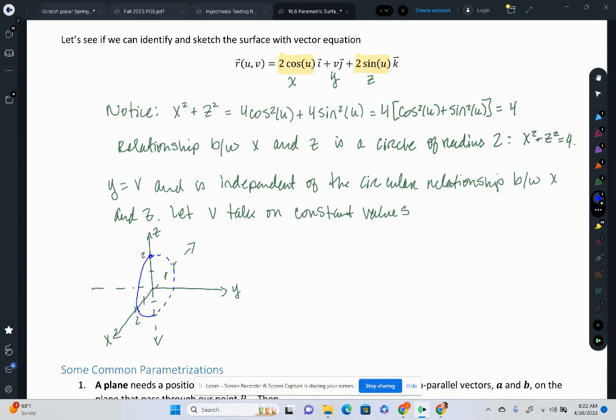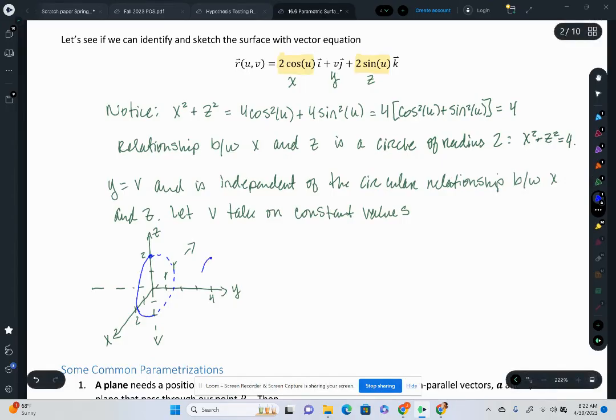They're completely independent of each other. And so I could pick some other y value. I could say, for example, let's go ahead and pick y equals 4. Okay, we're out here at y equals 4. What are x and z doing? Well, x and z are still forming a circle of radius 2. So let's see if I can do that one.